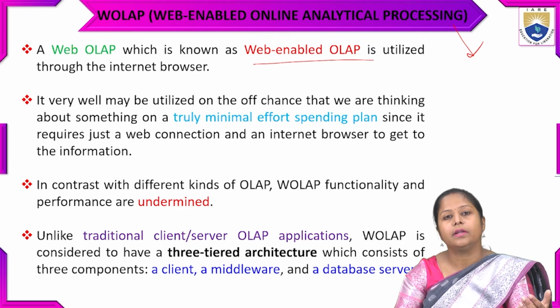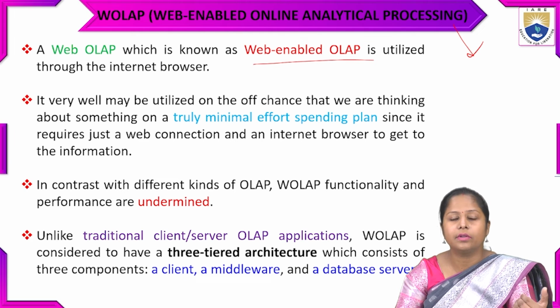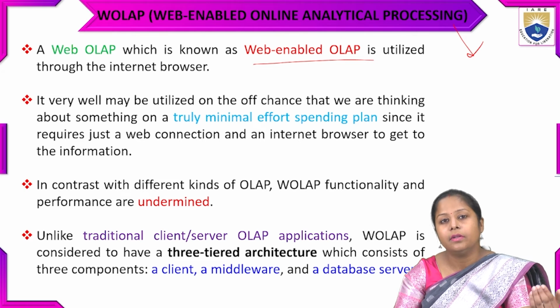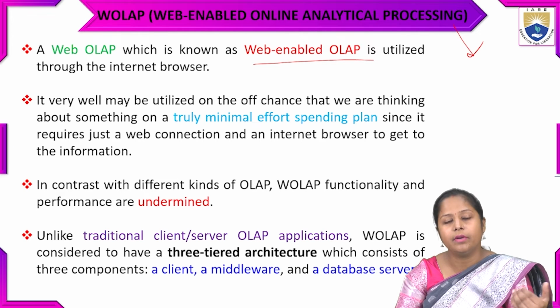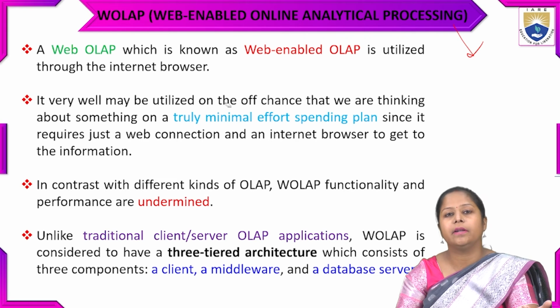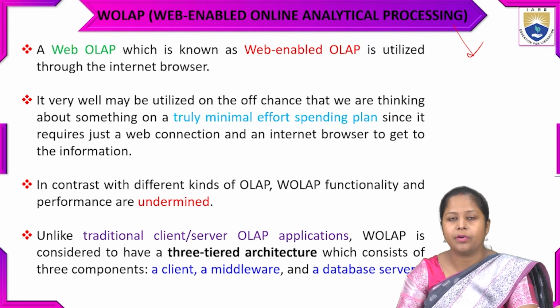If the end user is going to access the data from the internet browser, then this type of OLAP server will be needed. So we are going to implement the WOLAP server for that.